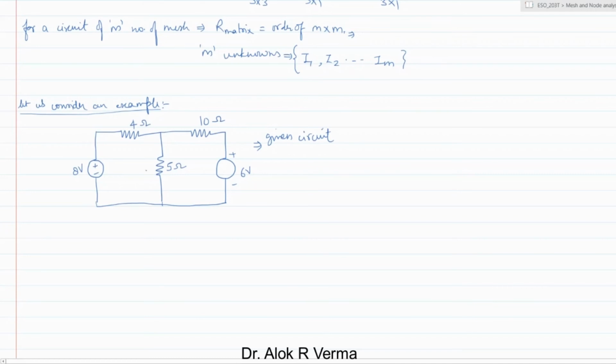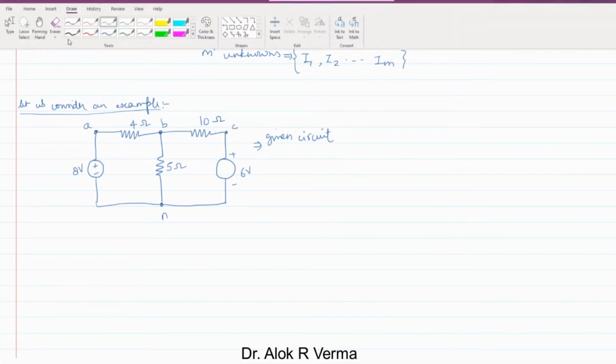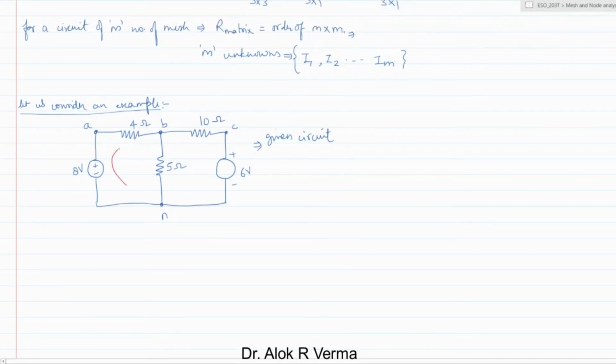Okay, now in this circuit, identify the nodes. This is the reference node, this is node A, node B, node C, and assume current directions I1, I2. So this is the direction of the current which is assumed.